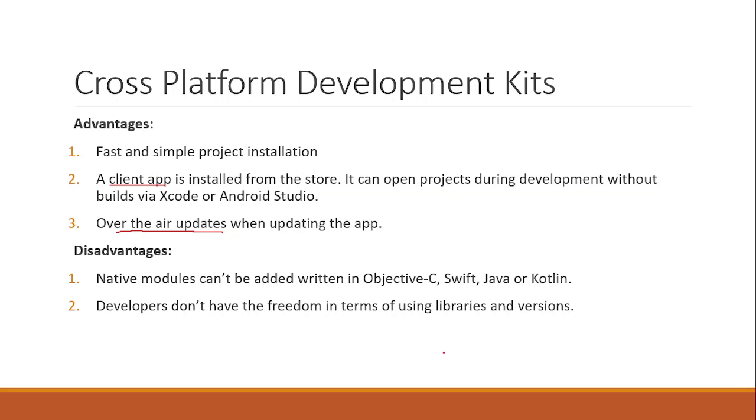And then next, you are not free to update. Therefore, there is no freedom in terms of using libraries and versions. Expo's React Native version is not really up to date.